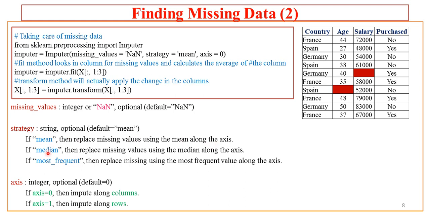Or else you may have strategy median. Instead of mean you can go for median, and also you can go for most frequent. That means suppose certain values are frequently appearing. For example, in our case there are no frequently appearing values in any of these columns, but let us see that here frequently appearing values, for example no, no, no. You may replace that with no. Do remember we'll be using mean, mode, median not on the character data but on the numeric data.